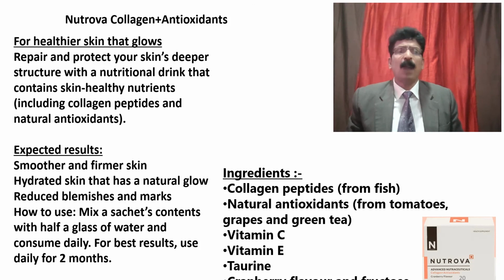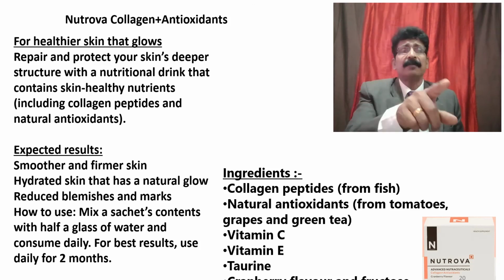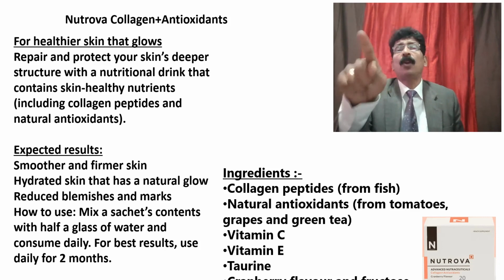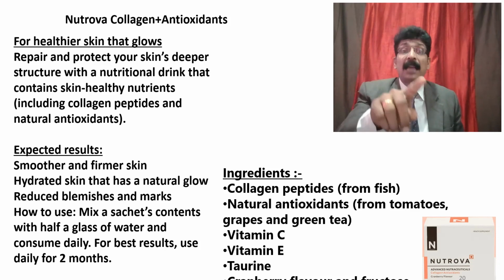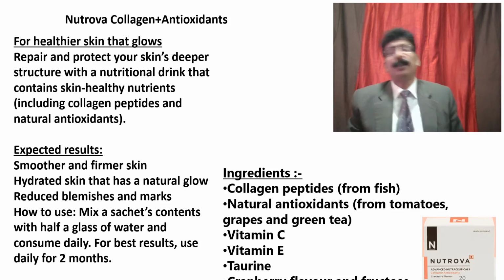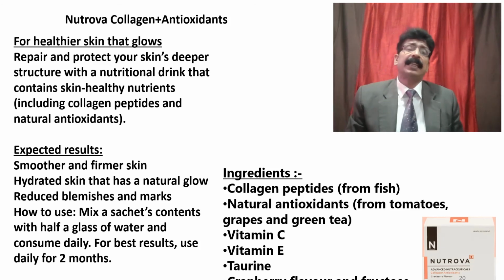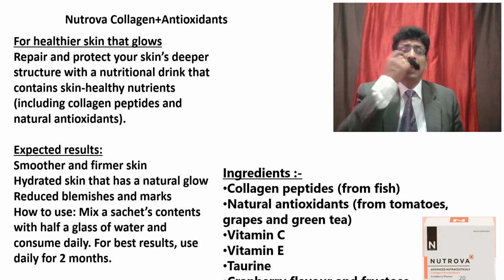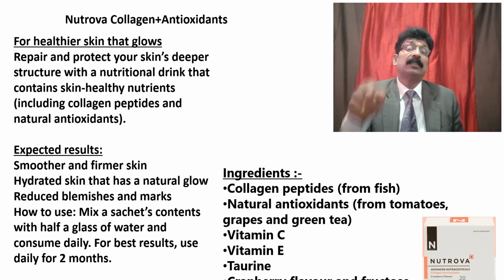What is its use for? It is for healthier skin that glows. It repairs and protects your skin's deeper structure with a nutritional drink that contains skin-healthy nutrition including collagen peptides and natural antioxidants, which are mentioned in the ingredients.